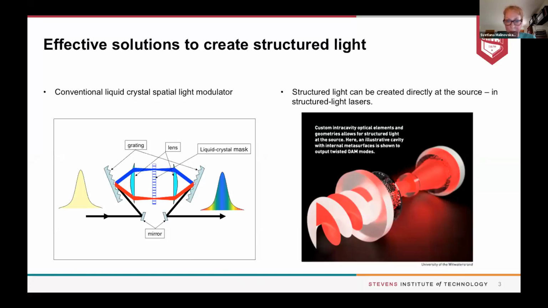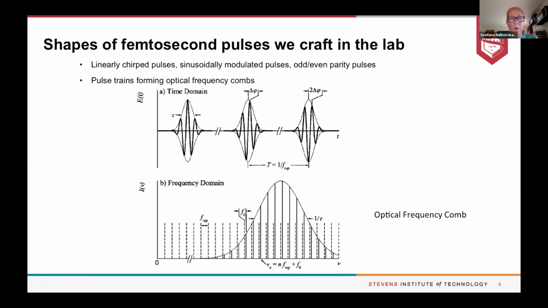This example on the right side will produce the helical twist of light radiating from the laser.